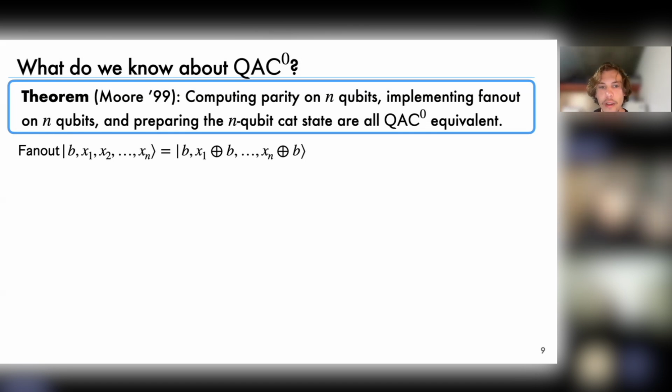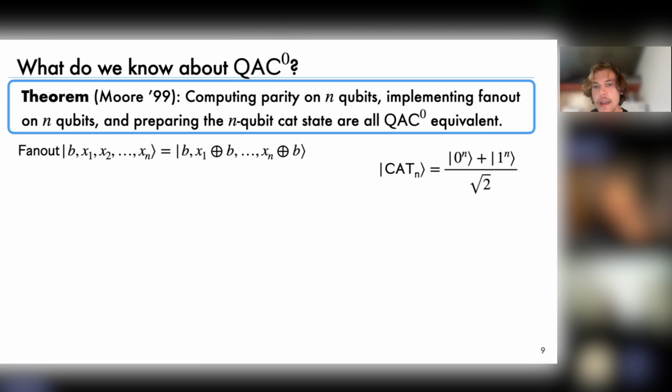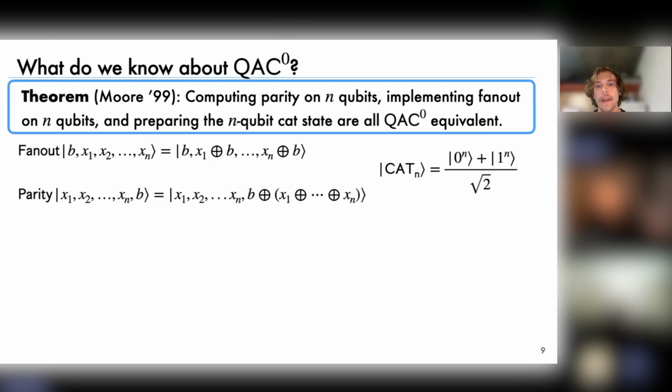And so you can think of this as like a deep CNOT circuit or something, where all of the CNOTs have the same control but different targets. And so what Moore proves is that implementing this gate is the same as preparing an n-qubit GHZ state or a cat state, and it's also equivalent to computing the parity function.